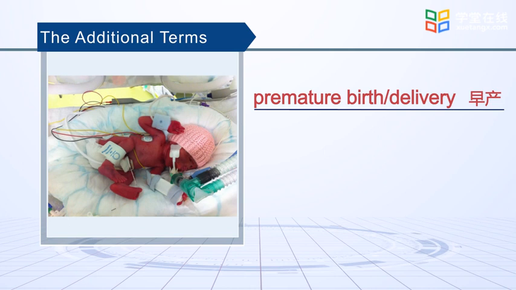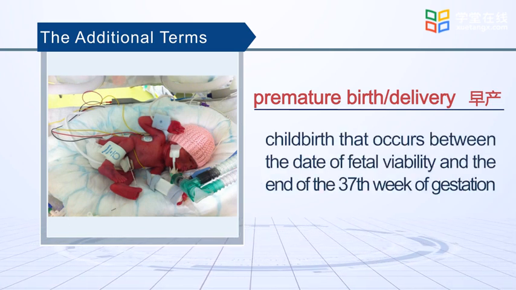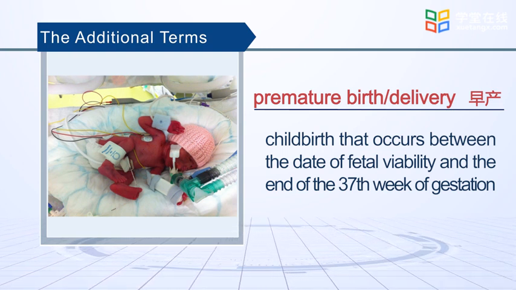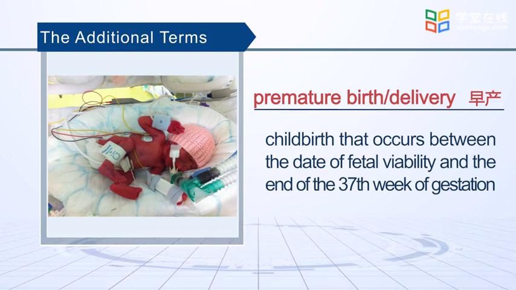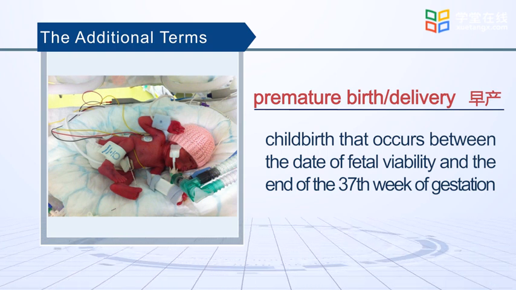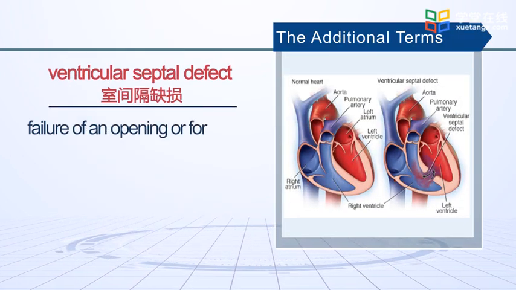Premature birth or premature delivery. It is a childbirth that occurs between the date of the fetal viability and the end of the 37th week of gestation. Ventricular septal defect.